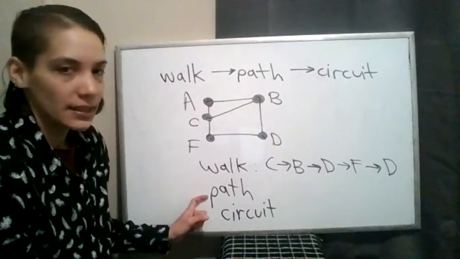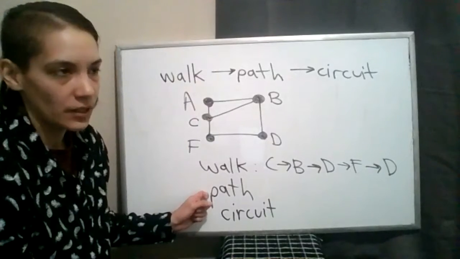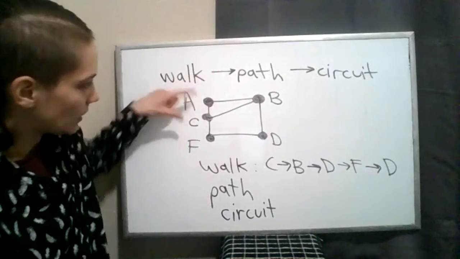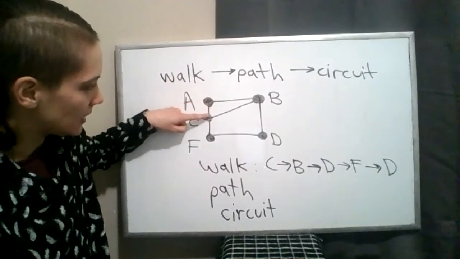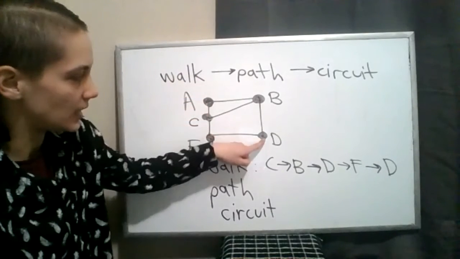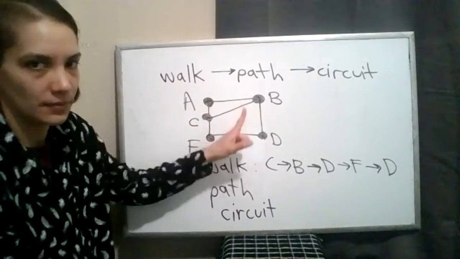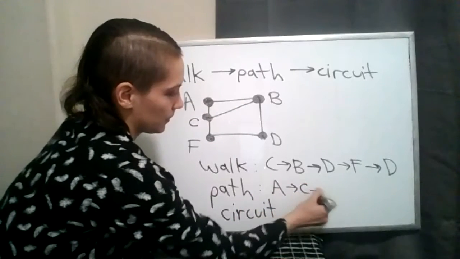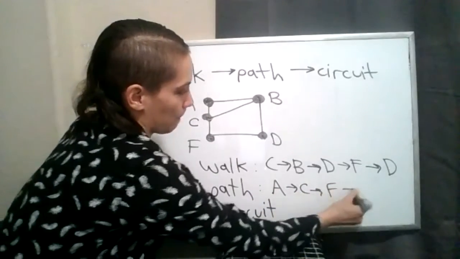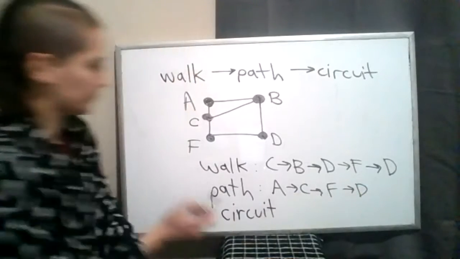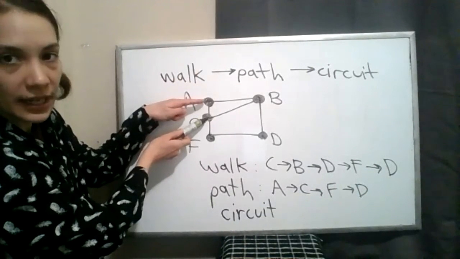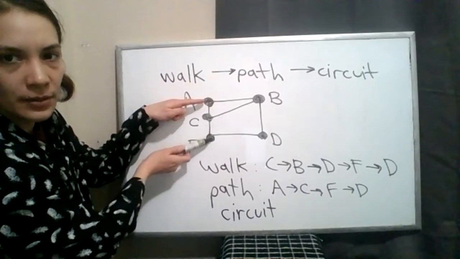Okay, a path can only use each edge one time if you do use it. So let's go A, C, F, D, and that'll be it. So I was able to go from that vertex to the next one using an edge, and then from here to here was okay.